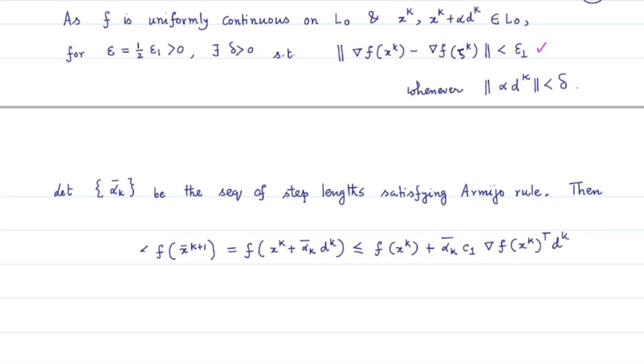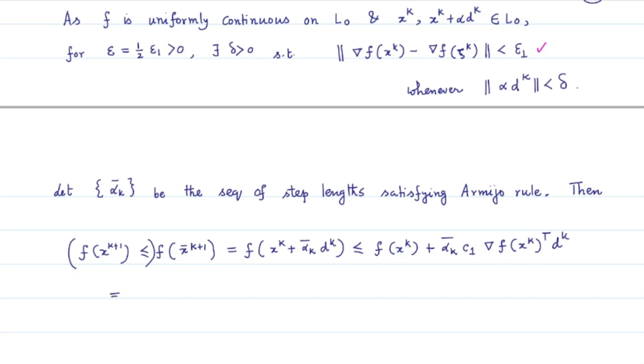And as f(x_{k+1}) is the global minimum of the function f along the direction d_k, we have f(x_{k+1}) less than or equal to this quantity. This inequality we have already shown at the beginning of this lecture.